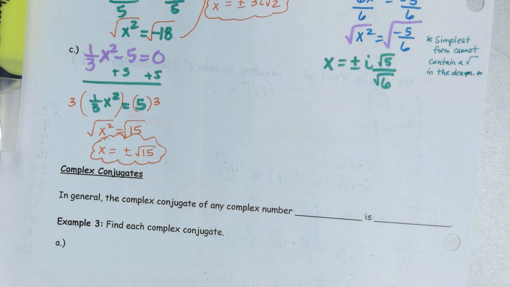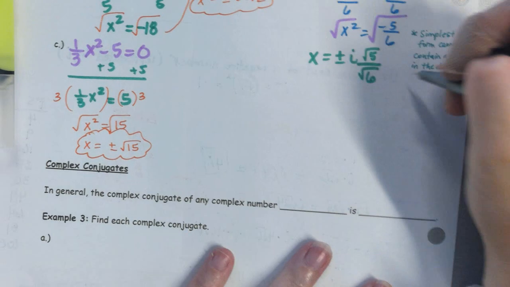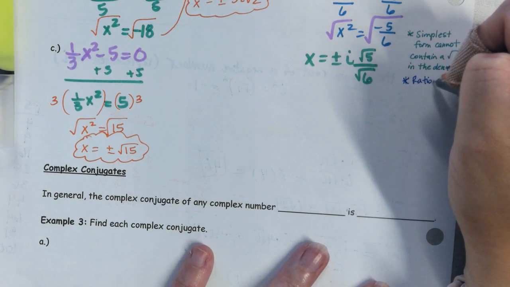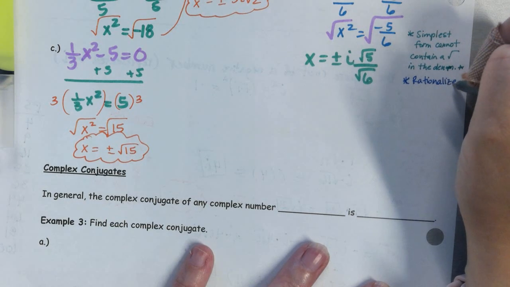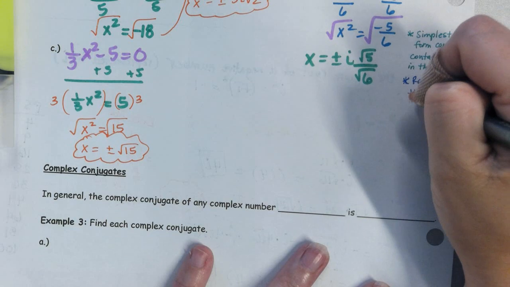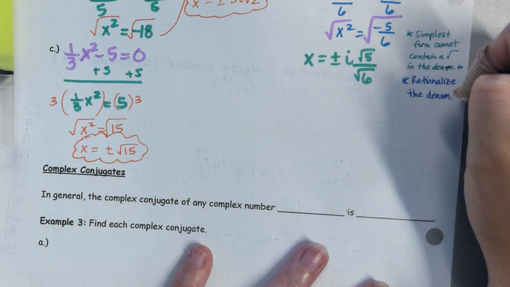Yes, we multiply by the square root of 6 over the square root of 6. Does anybody remember what that's called? Starts with an R. No, but that is a good word. We rationalize. So this is called rationalizing the denominator.